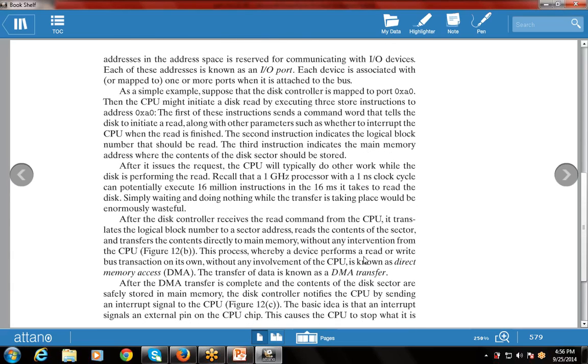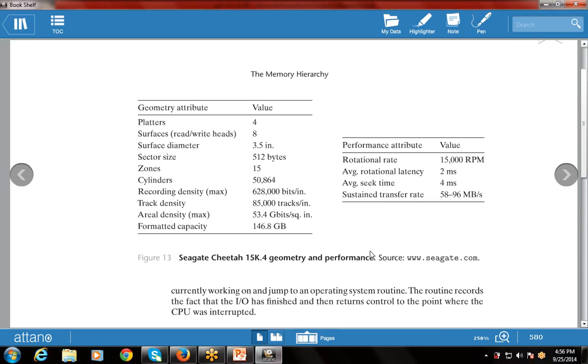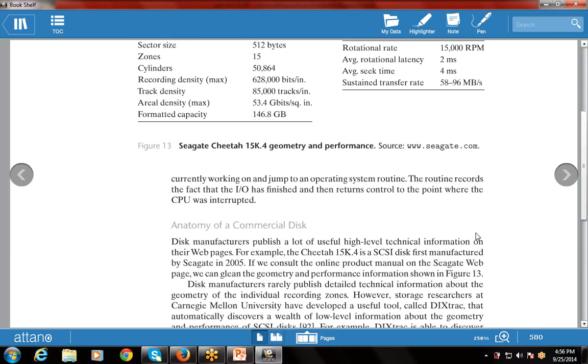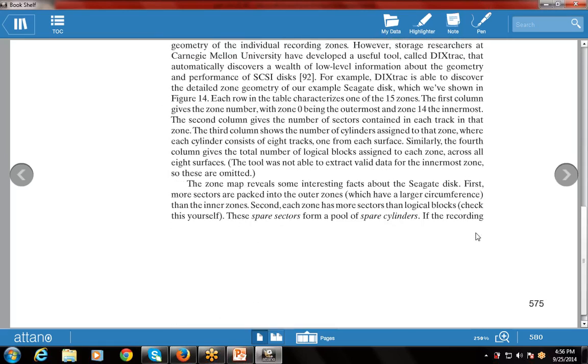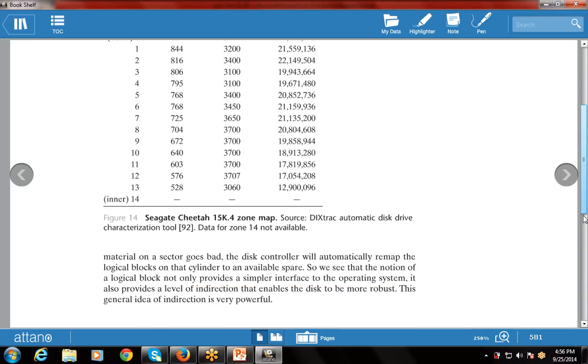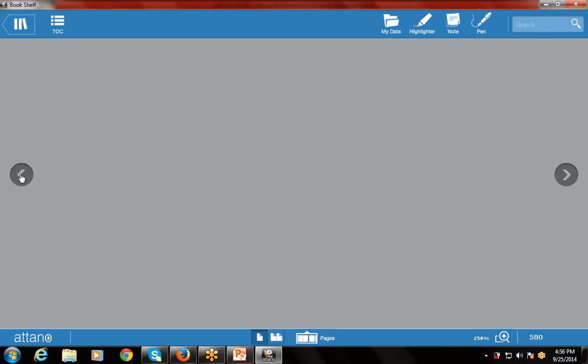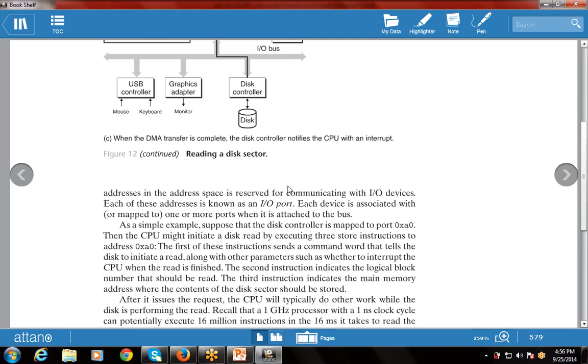This is the DMA, as I told you, that is direct memory access.